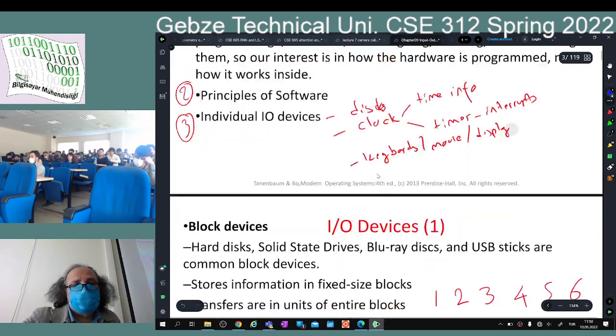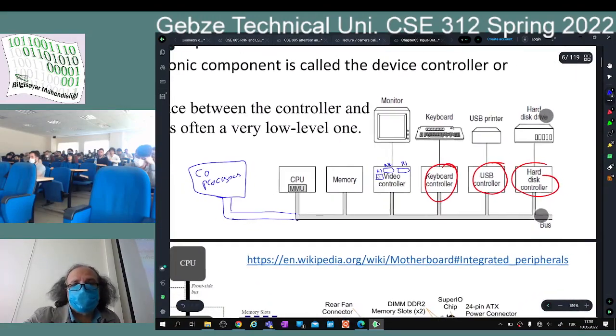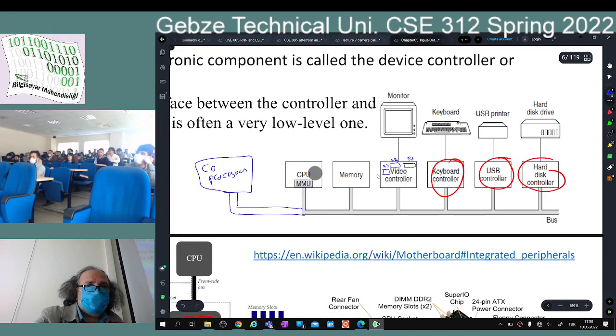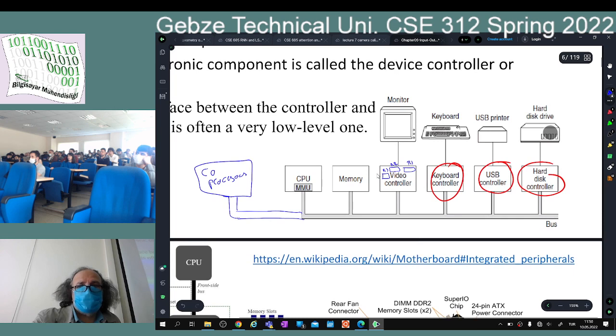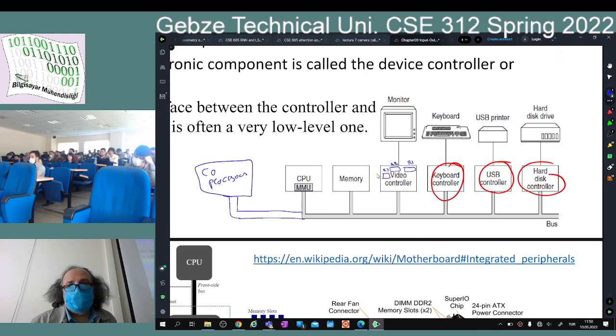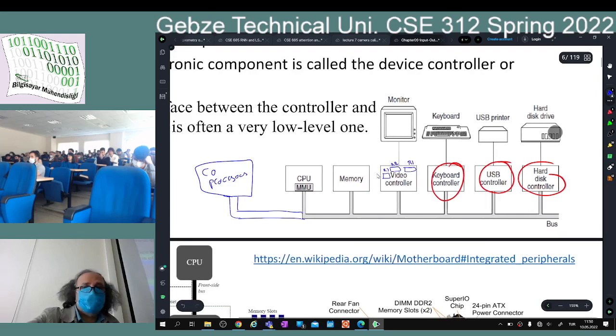Remember our simple picture here. We have the CPU and the MMU and the memory. These are the controllers, and the controllers are connected to the actual devices. We just say that this is an electronic device which helps us communicate with this hard drive itself.